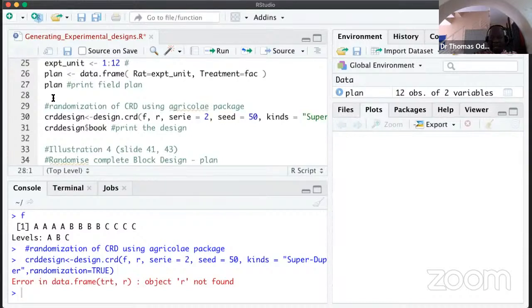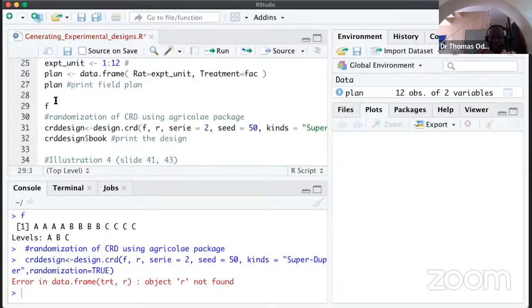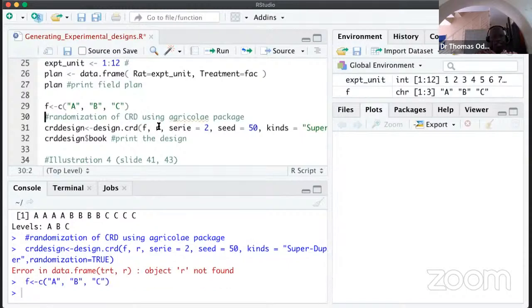So let me first create a new F, the F that I have as A, B, C. Okay, so I'm creating an object here, a F. So in this case now, what I'm going to say, maybe R equals 4.